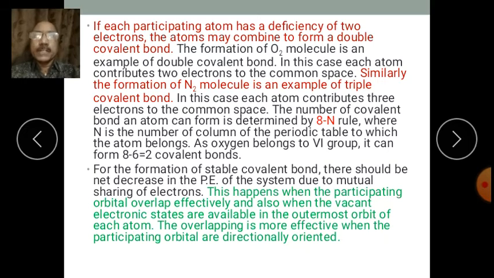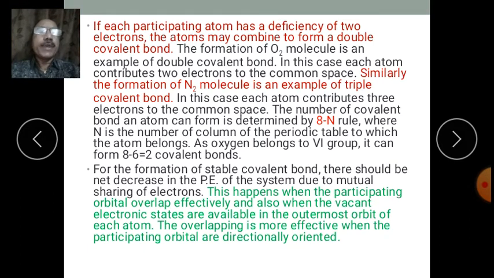So two oxygen atoms come closer to each other to share two electrons each. In order to complete their octet, they form a double covalent bond. In this case, each atom contributes two electrons to the common space.